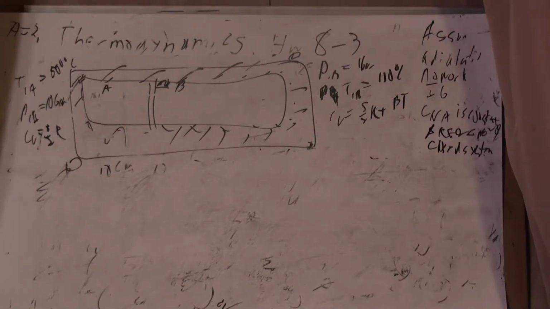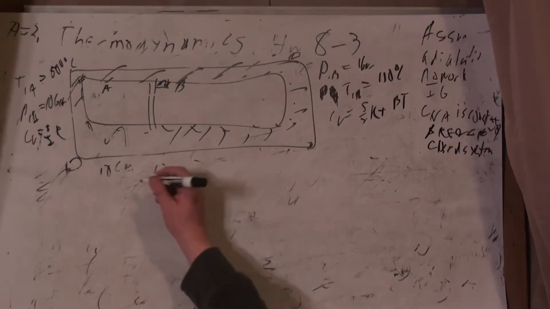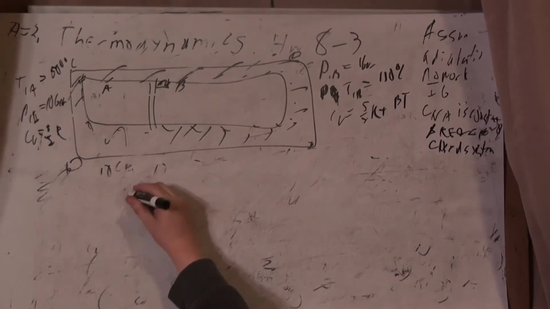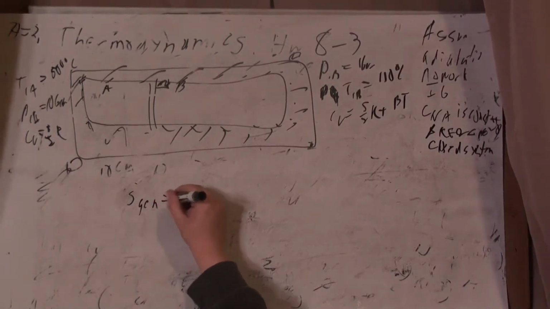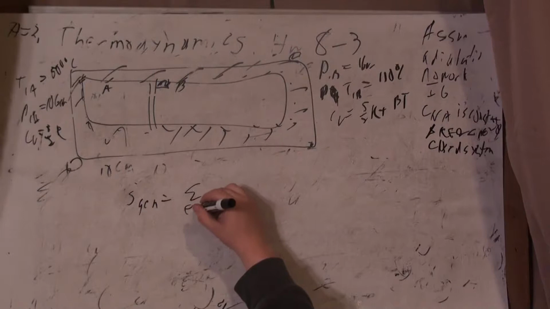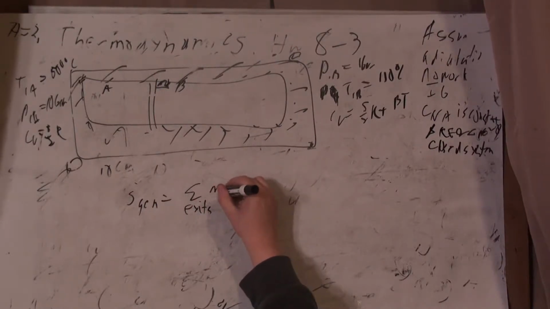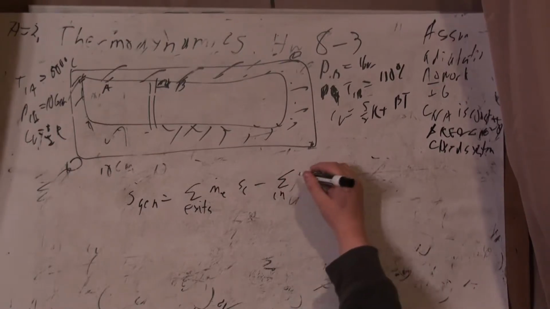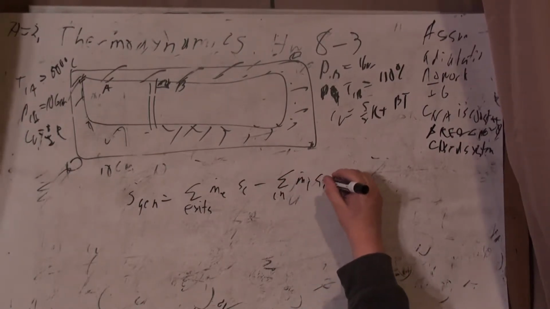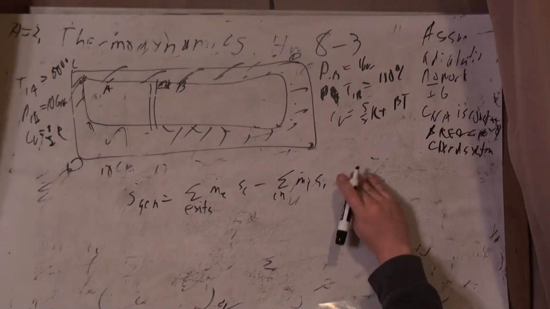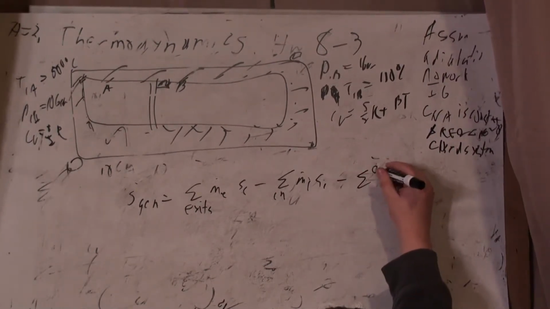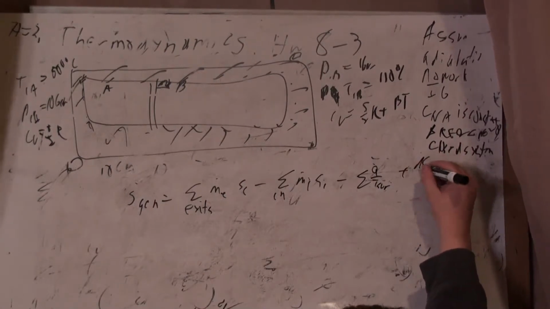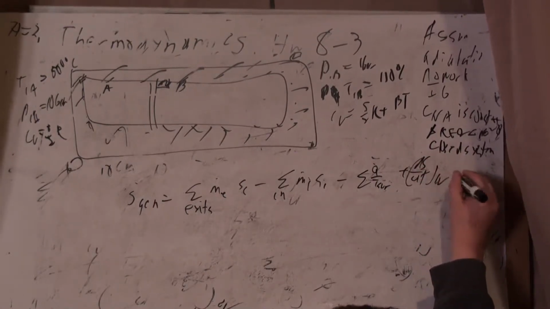And so we have S dot gen is equal to the summation of exits m dot e s e minus the sum of inlets m dot i s i, plus, minus the sum of our heat transfer over T surroundings, plus dS/dt of the control volume.